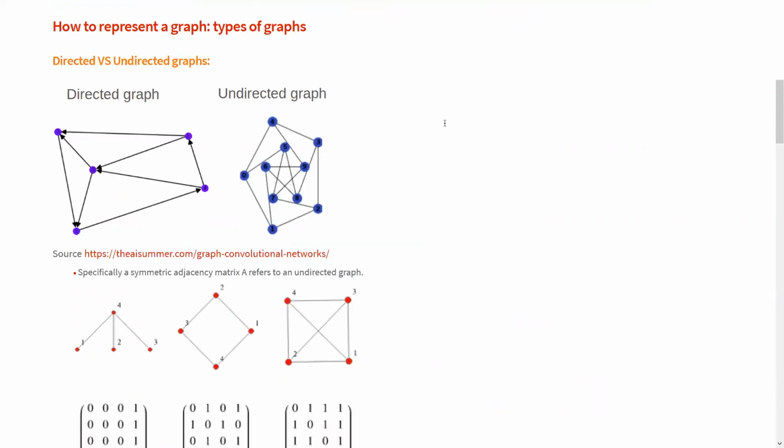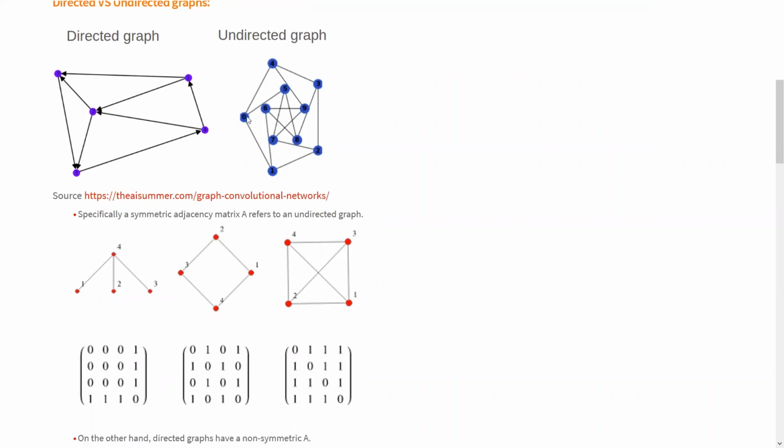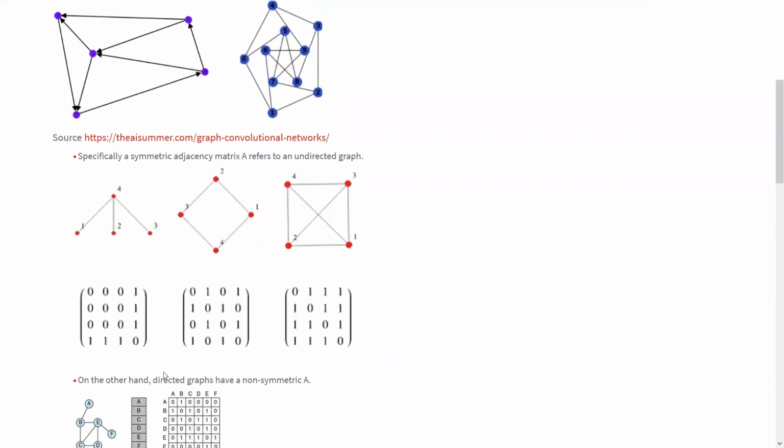Let me introduce the simplest representation of a graph. As we know, graphs have different types. The left part is a directed graph and the right part is an undirected graph. The easy way to represent this is to use the adjacency matrix.